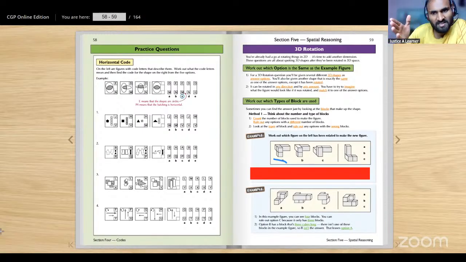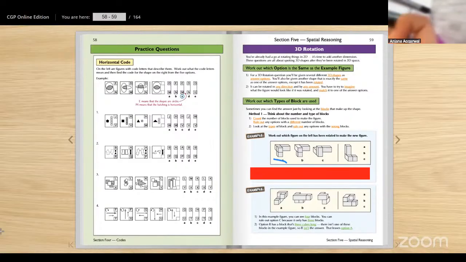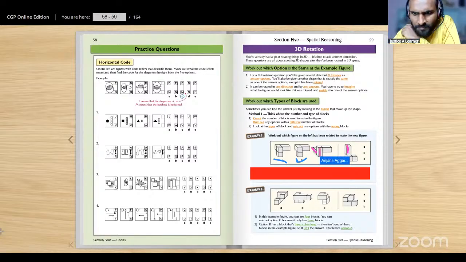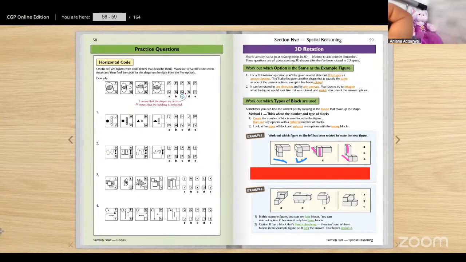Now we see what it talks about: to make a new figure. I think the answer is B. Do you know why? Because in C, this is a long shape that's cut, and this part is okay, but then this part is all one.